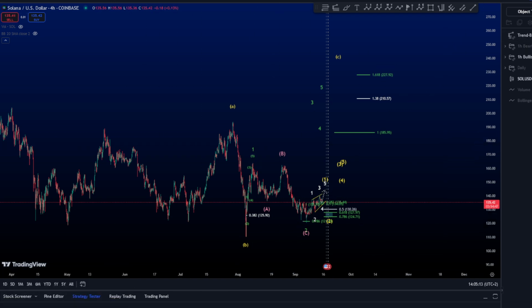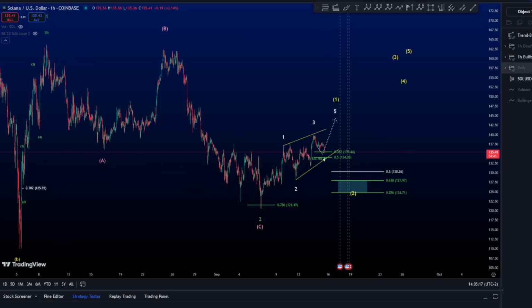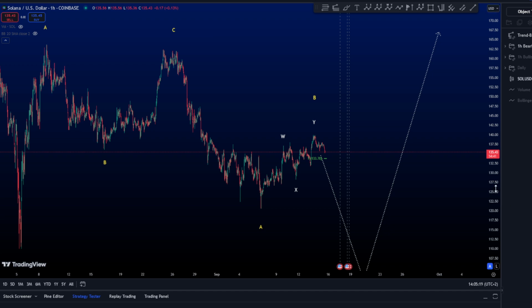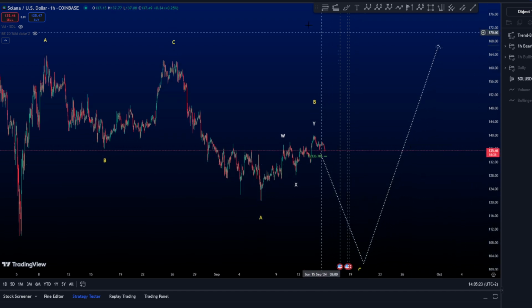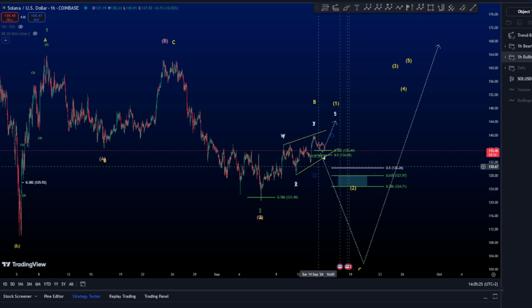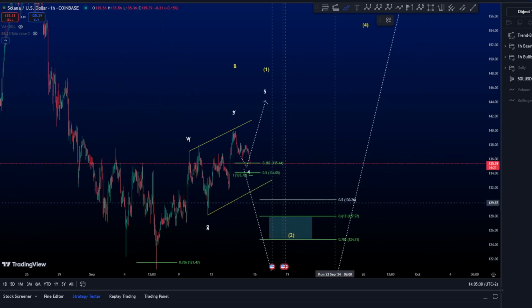Of course, if we move lower on the 1 hour chart, then we are talking about our bearish scenario, lower than these fib levels, or even lower than this trend here, the parallel trend taken from the top of the 1 and the 3. If we pass through this with a price, okay, let me zoom in.